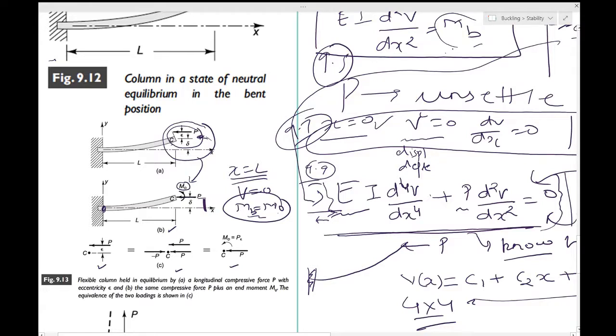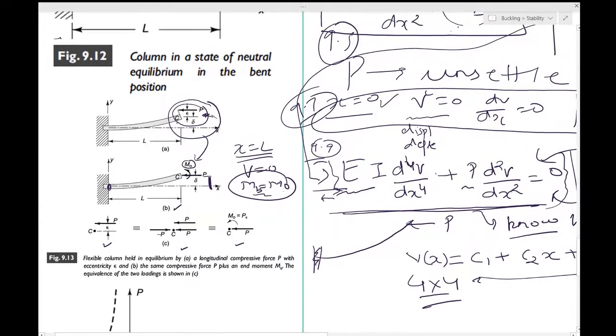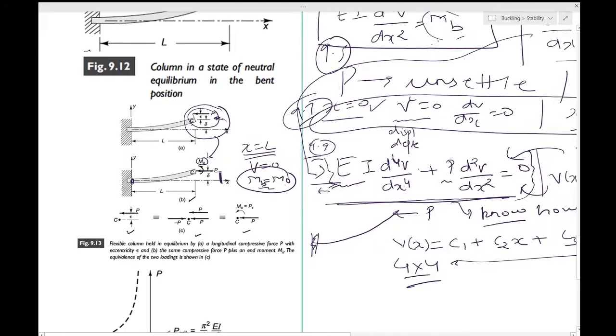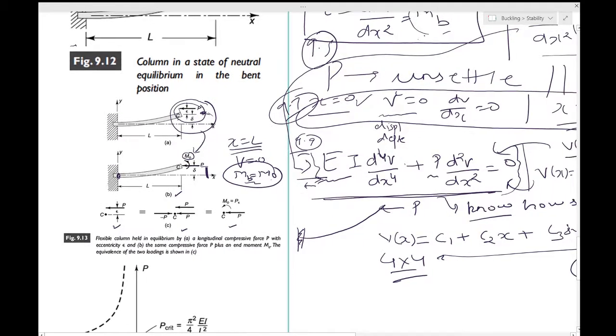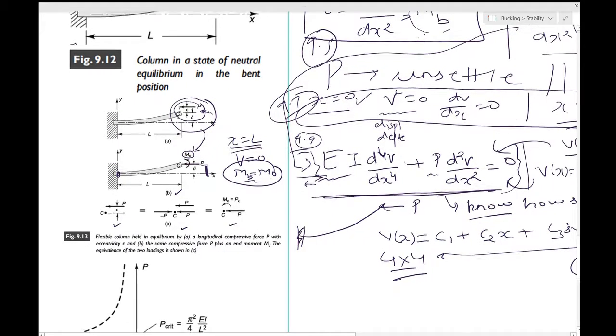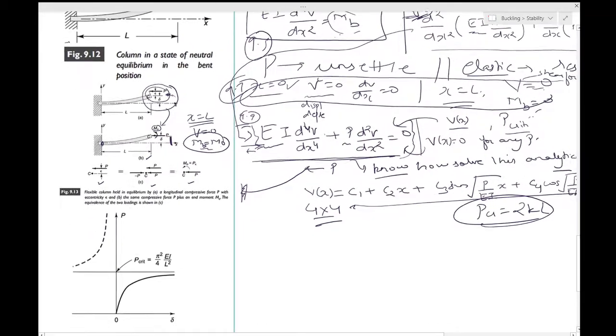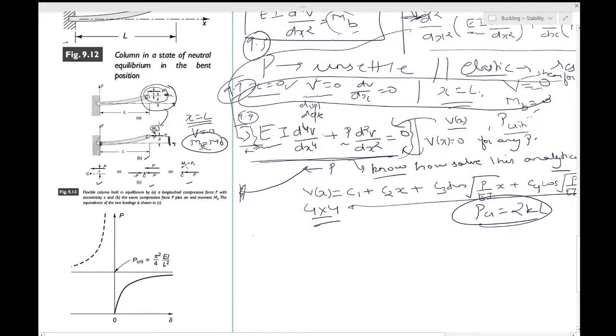Then you repeat the same analysis and you should be able to find the value of delta versus P. So you should have a relationship between delta and P, which would be delta is equal to epsilon times sec of (pi over 2) root of P by P critical, minus 1.